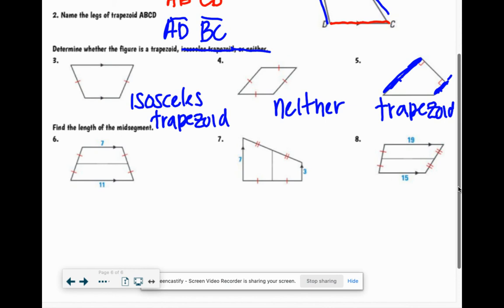All right, and then these 3, we're using that formula right here. Mid-segment, add our bases together, then divide by 2. Nine? Yeah, I agree.